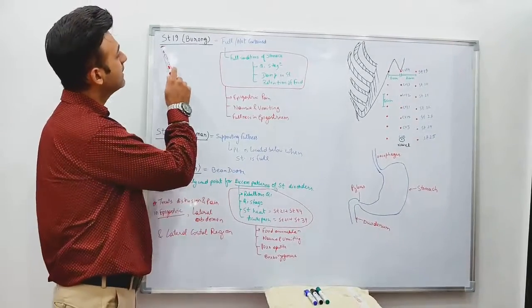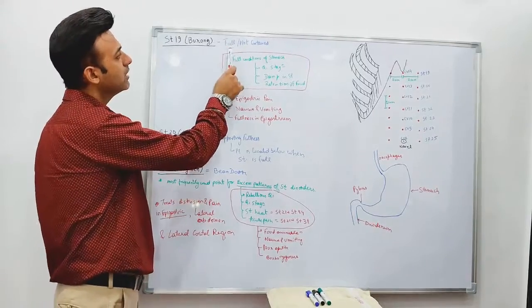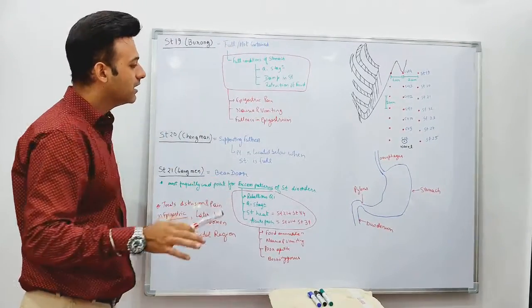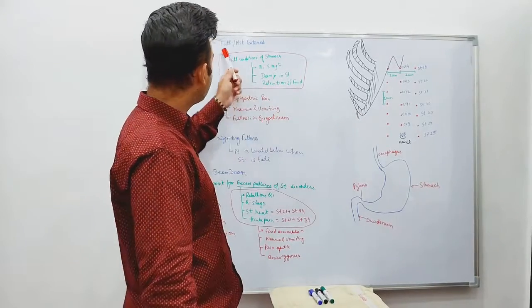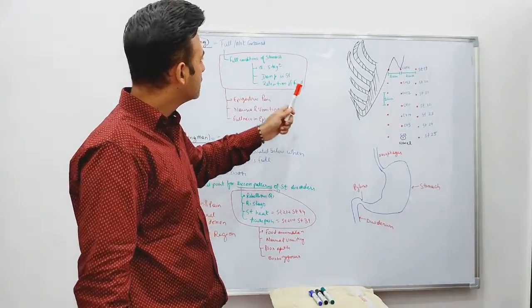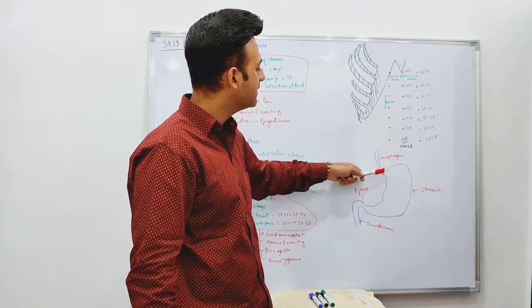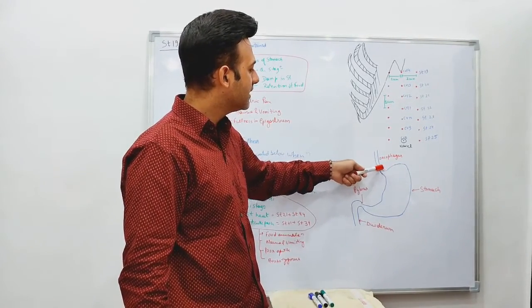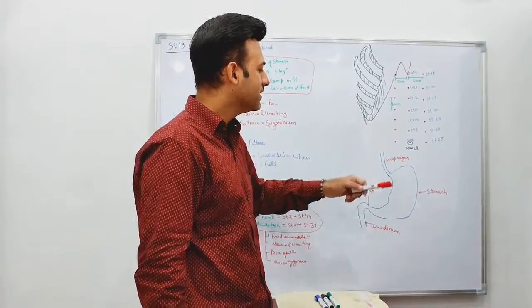Stomach 19 is known as Burong in Chinese, which means not contained, or full. Now let's see this diagram. As the name says, this point lies near the esophageal sphincter, at the junction of the esophagus and the stomach.